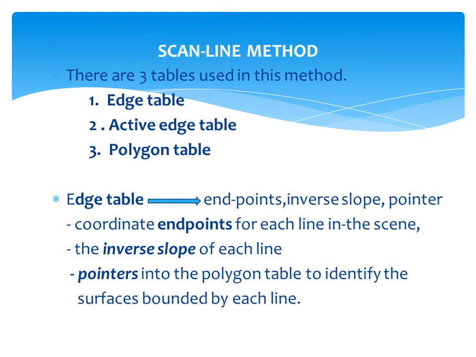For implementing this method, we are using 3 tables: edge table, active edge table, polygon table. The edge table stores the following values: endpoints for each line in the scene, inverse slope of each line, and pointer into the polygon table to identify the surfaces bounded by each line.